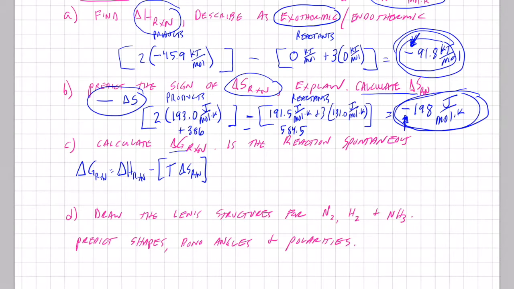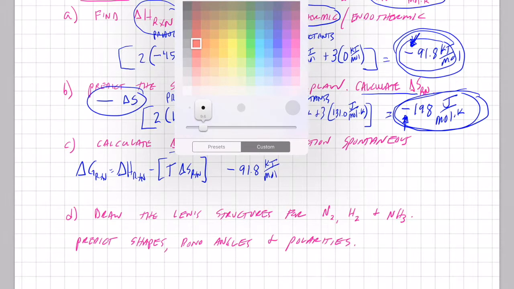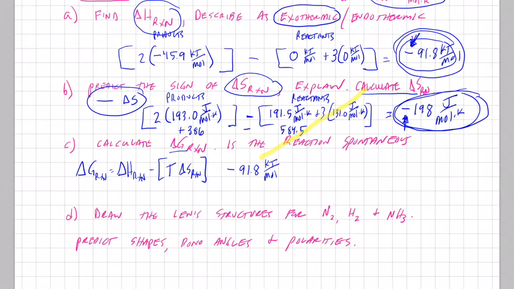The delta H is negative 91.8 kilojoules per mole. Now some of you are saying, how did Mr. Hummer get that? Well, just remember, folks, I got that right over here. Remember we calculated that not too long ago, delta H of the reaction? All right, minus T, and if you recall, I said this was at 298 Kelvin, times the entropy change.